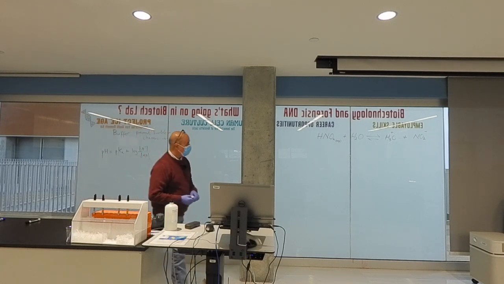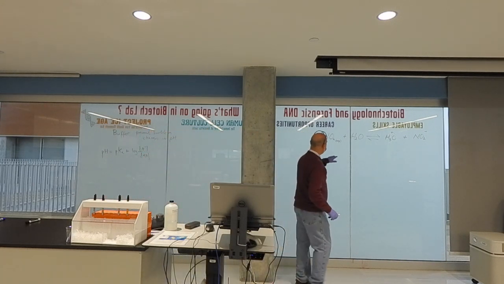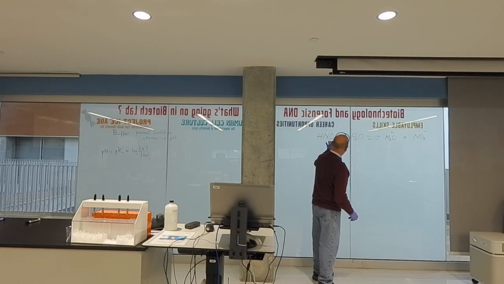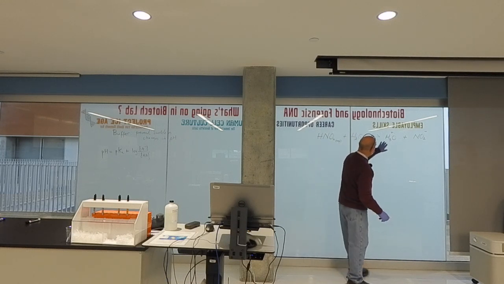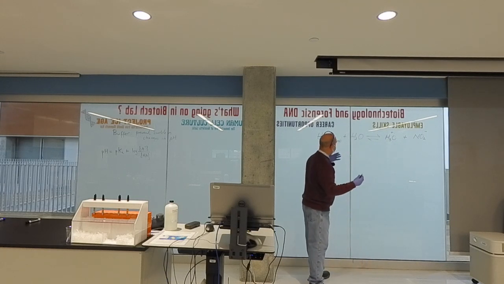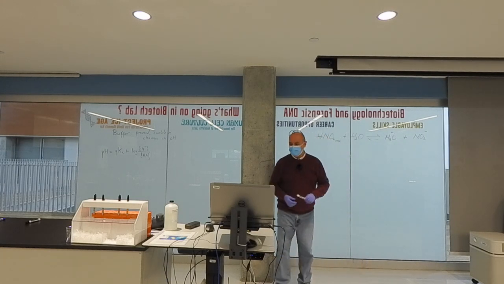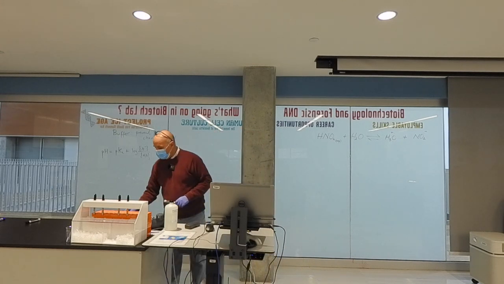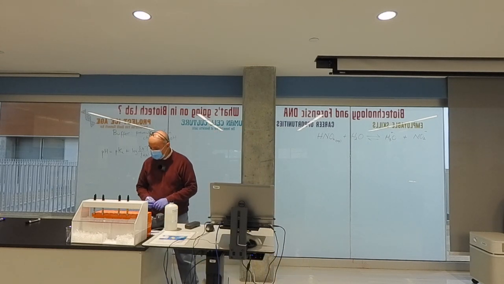Now, this being a weak acid is not going to completely dissociate. The equilibrium is actually shifted to the left, but we don't know where the equilibrium is shifted exactly. We do have, however, the value of the Ka.